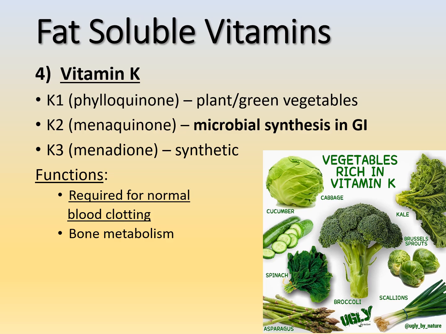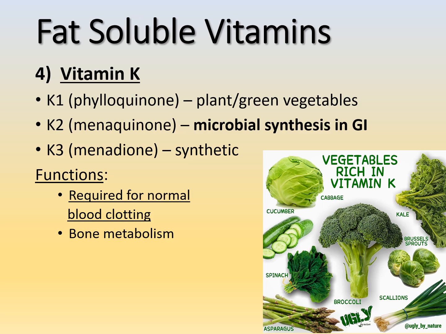But the two natural forms that we see are phylloquinone, which is found in those leafy green plant vegetables. Our cruciferous vegetables have lots of vitamin K. So that's kind of our nutritional source, but we also see microbial synthesis as well in our GI tract.